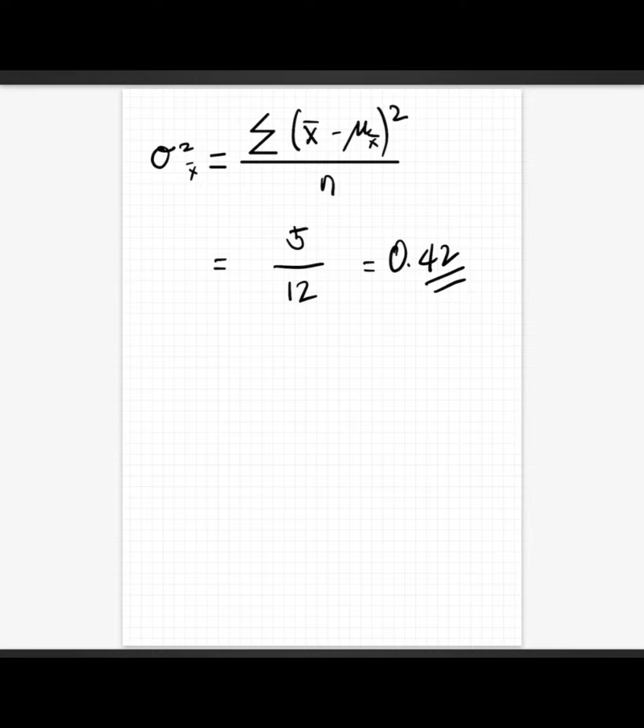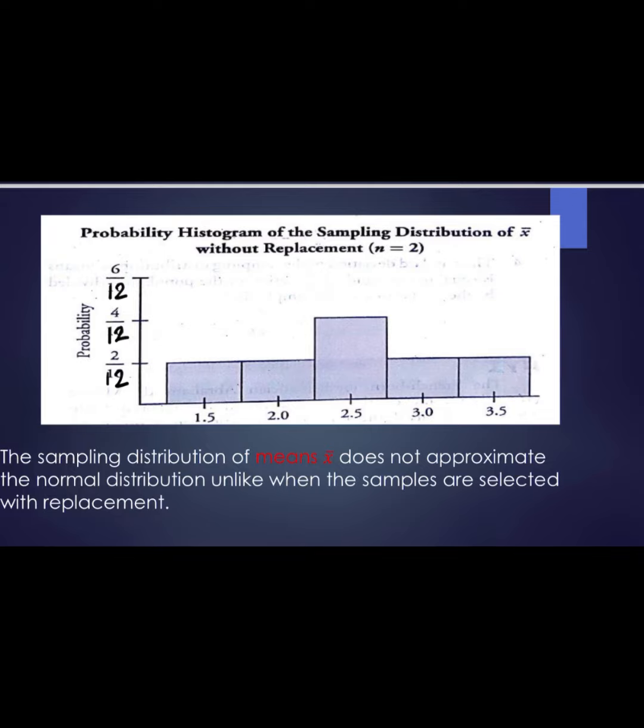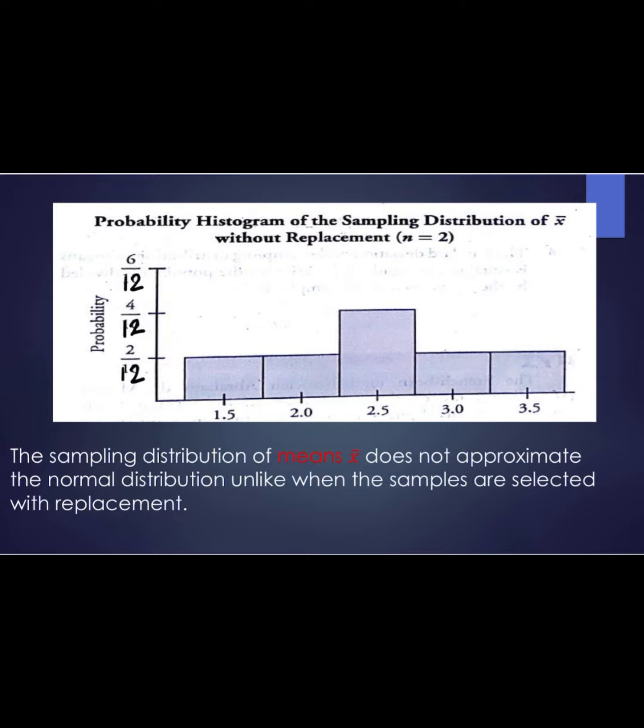To illustrate the probability histogram of the sampling distribution of means without replacement, where n is equal to 2, let the horizontal axis be the sample means and the vertical axis be the probability of the means. As you notice, the sampling distribution of means does not approximate the normal distribution, unlike when the samples are selected with replacement.